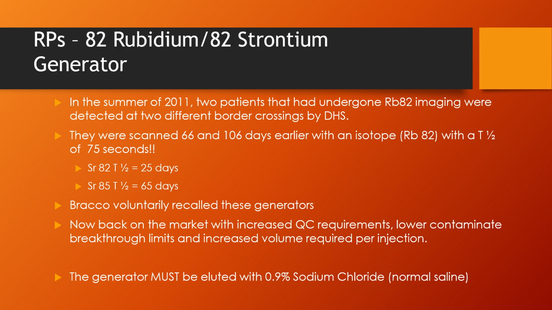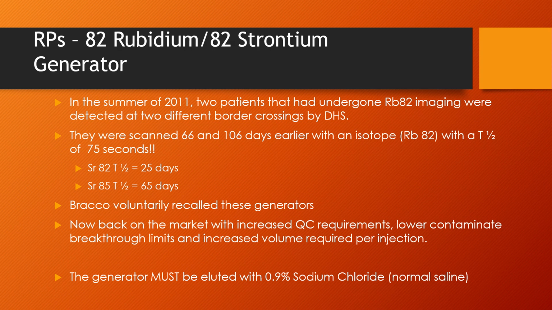So it was concluded that those patients actually had an excess amount of strontium in them. And Bracco voluntarily recalled the generators, and there was a lot of revamping of the cart to make sure that those things couldn't happen, investigating why that happened.